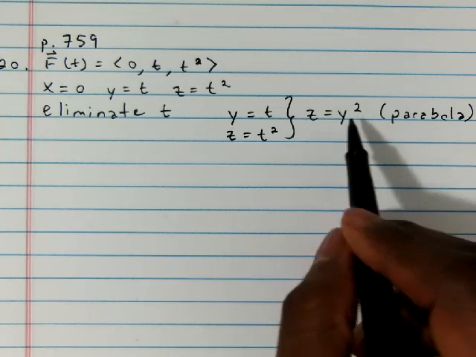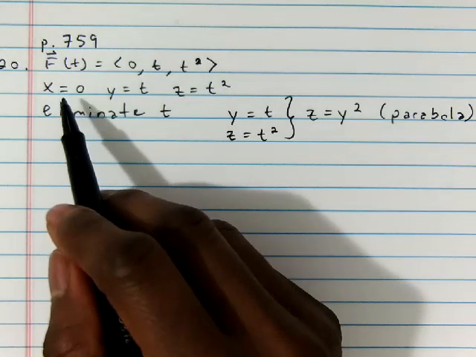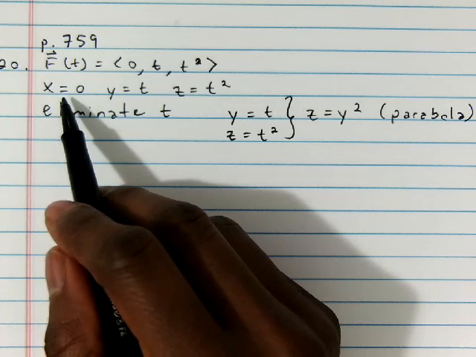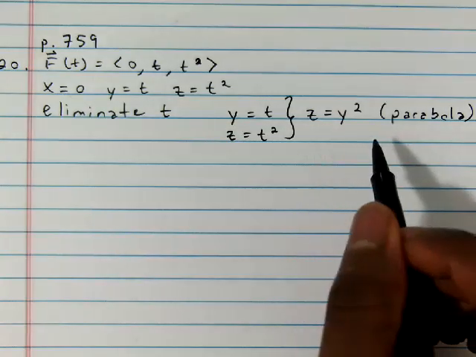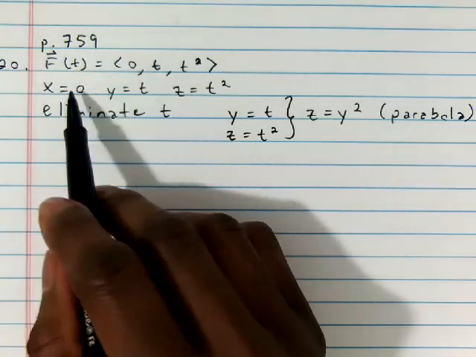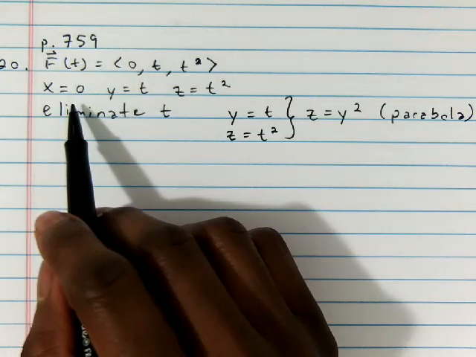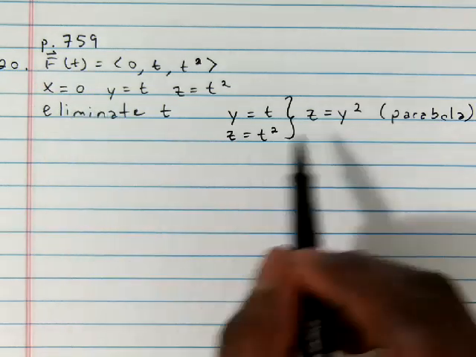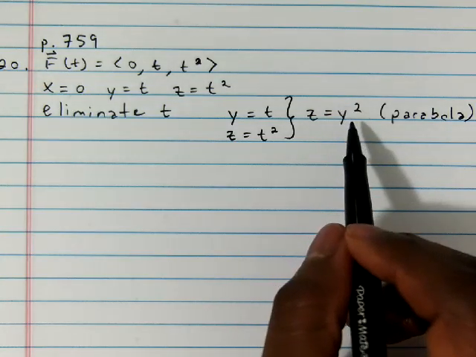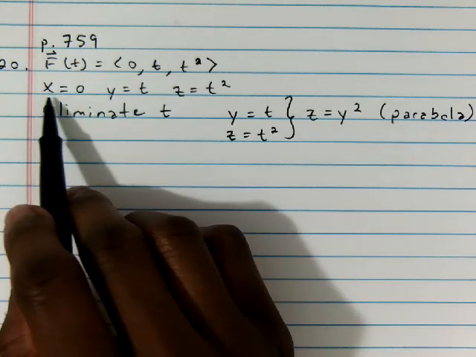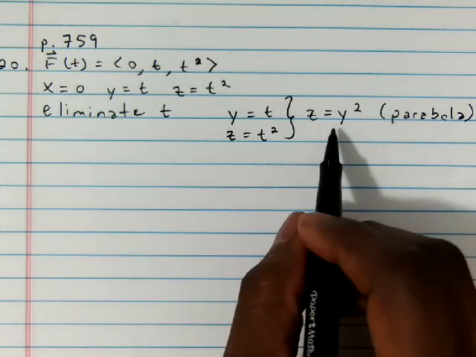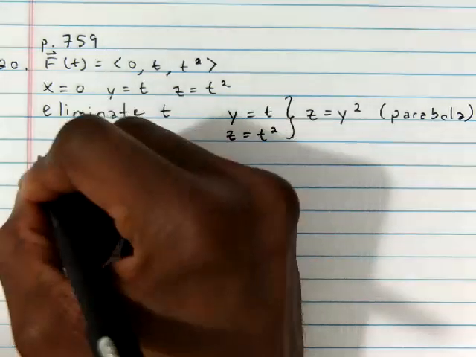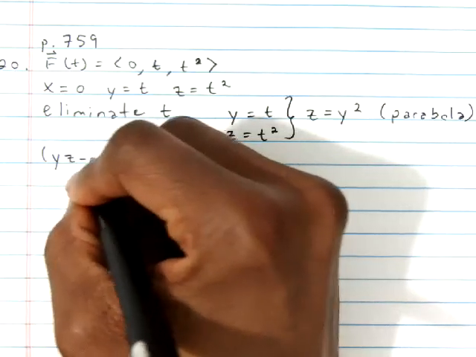But x does not take on every value here. You can't forget about that. We already have been restricted to x equals 0, which puts us in the yz plane. If we didn't have that, which would be a whole other section, not with vector valued functions, this would be something else, but we'll talk about that in a later section. But don't forget that you still have x equals 0, so we're in the yz plane.